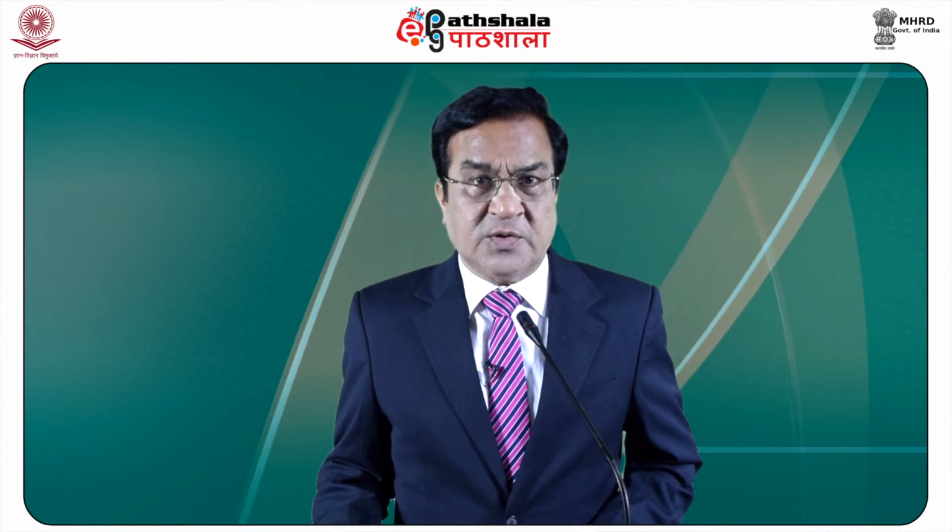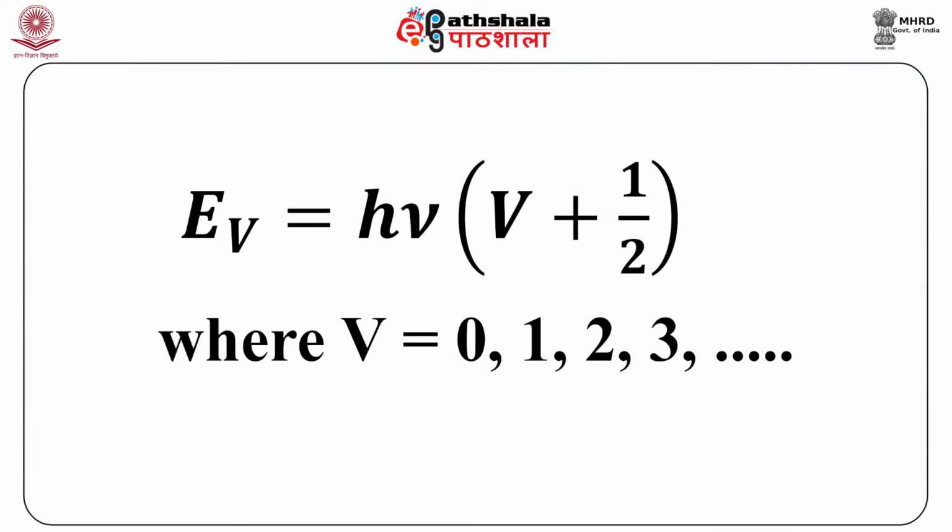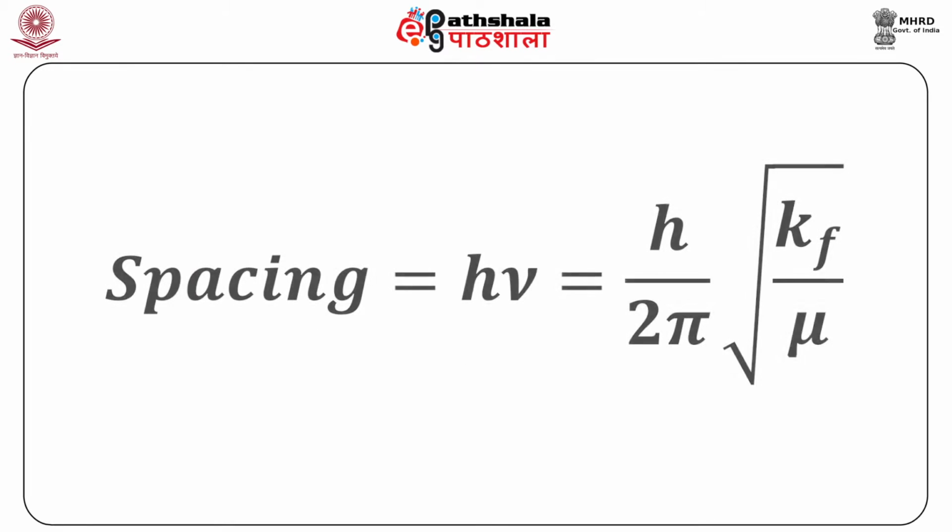Now, in a harmonic oscillator, if you look at the energy expression, you will notice that as one goes from v is equal to 0 to 1 to 2, the energy levels are equally spaced and the spacing is equal to h nu. That means equal to h upon 2 pi square root of k_f upon mu.